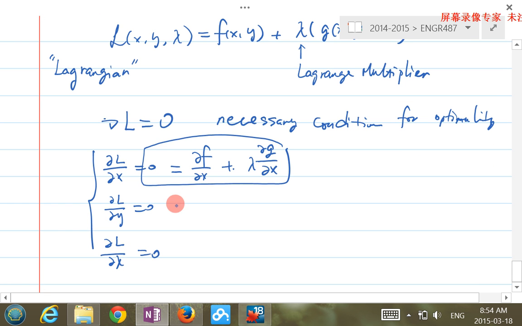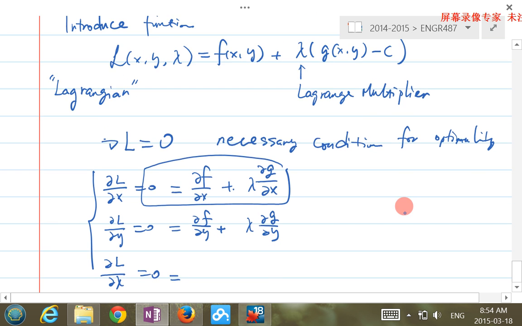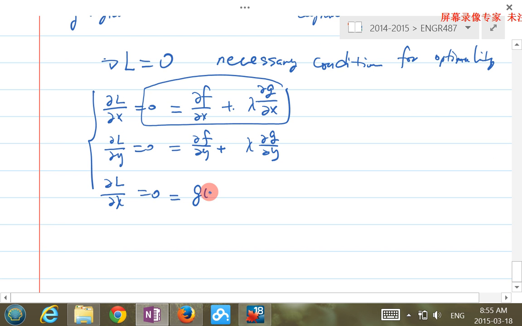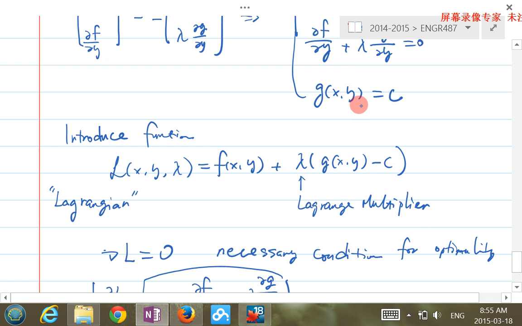The second one is partial f over partial y plus lambda partial g over partial y. And the last one, what's partial L over partial lambda? There's no lambda in f, there's only lambda in the other term, so you end up with this guy here. And what does this give us? That's the constraint, right?